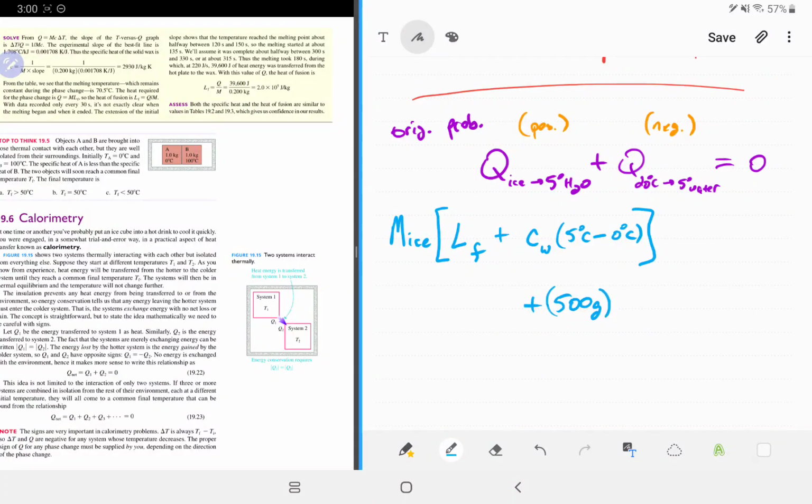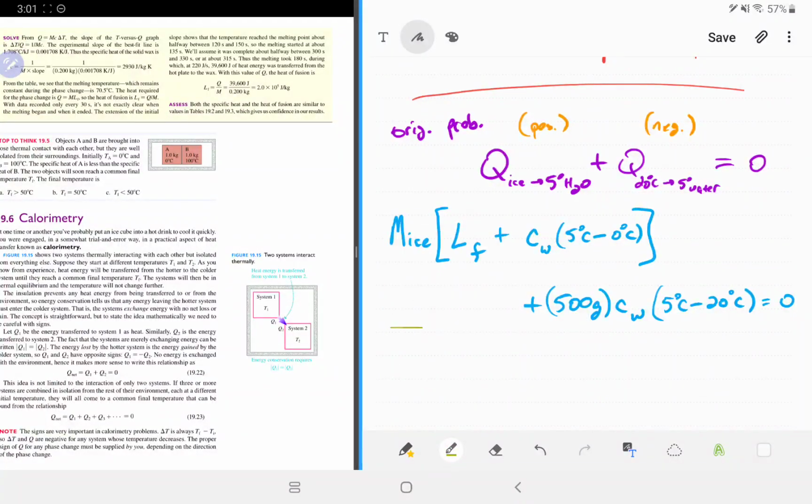So again, we're using the m c, c for water, times delta T. And delta T is the final minus the initial temperatures. So it's m c delta T for the cooling. And those two terms sum to 0. And indeed, this first term is positive, and the second term, see how 5 minus 20 is negative 15 degrees C, is negative.